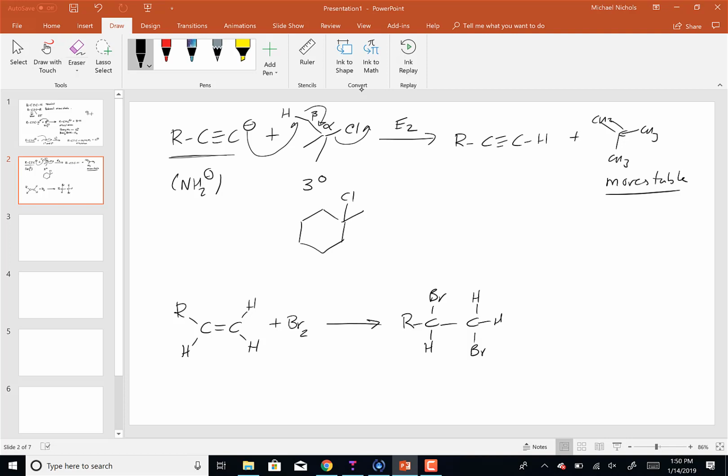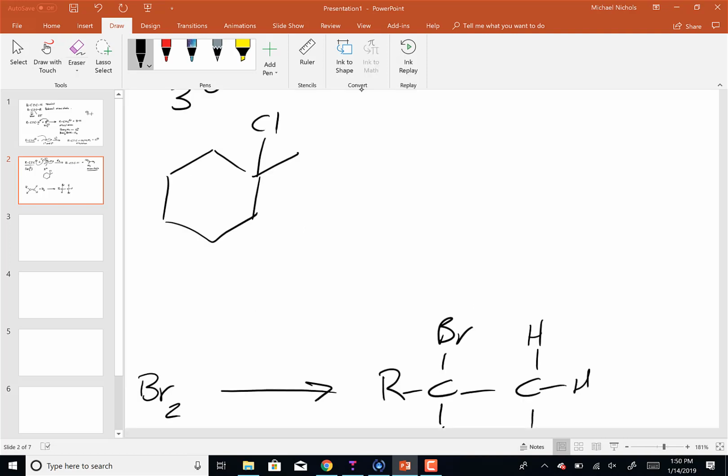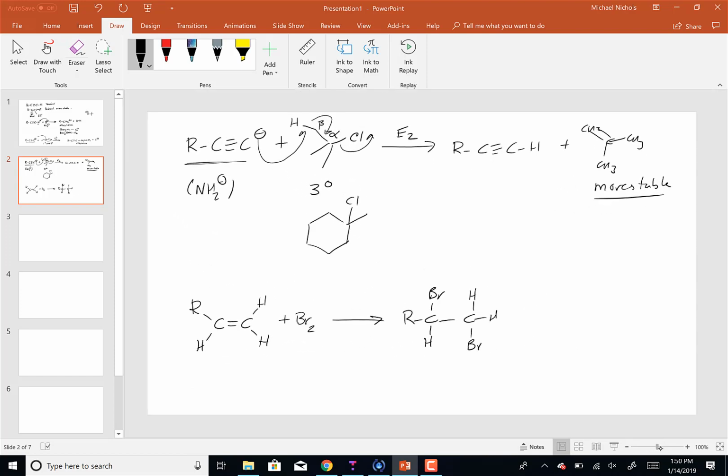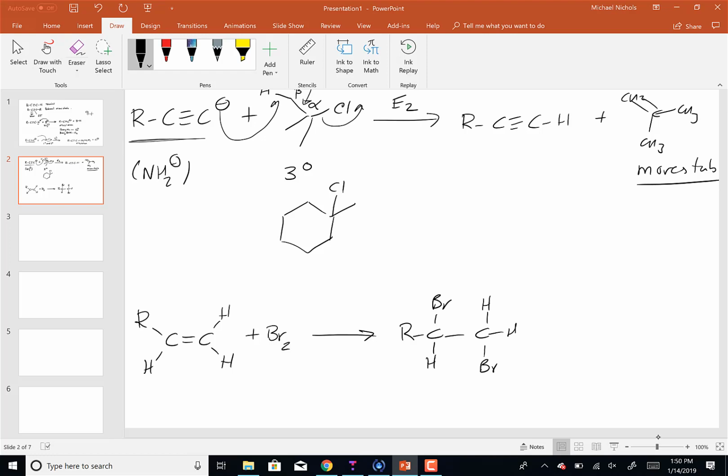So the way we make a triple bond from scratch is that I'm going to treat this alkyl halide with 2 equivalents of NH2 minus.